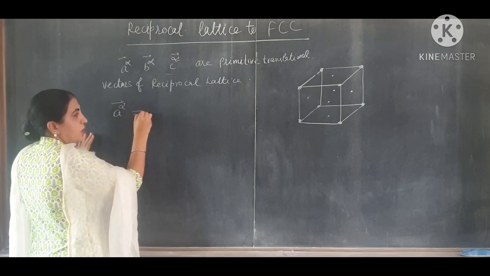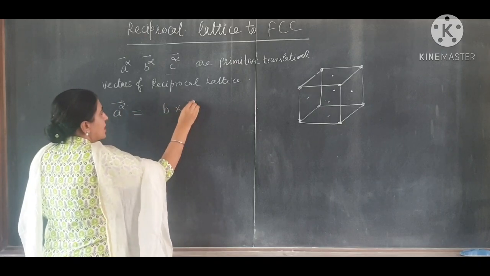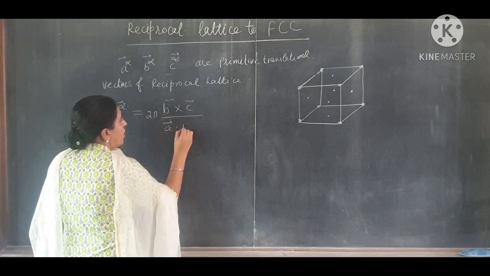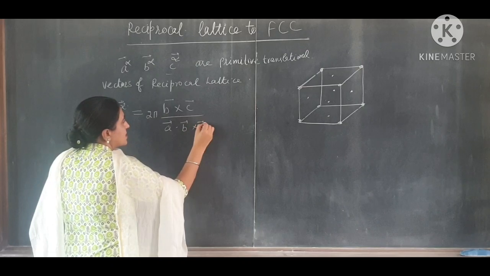And the values of these: a star in general is equal to 2 pi times b cross c divided by the volume, a dot b vector cross c.